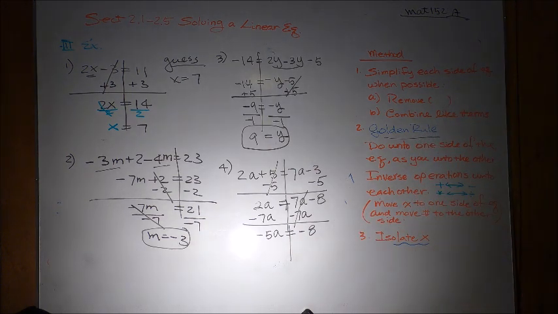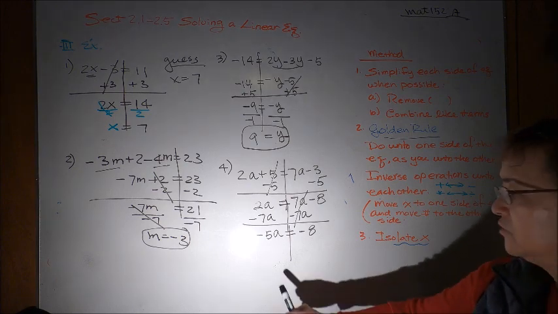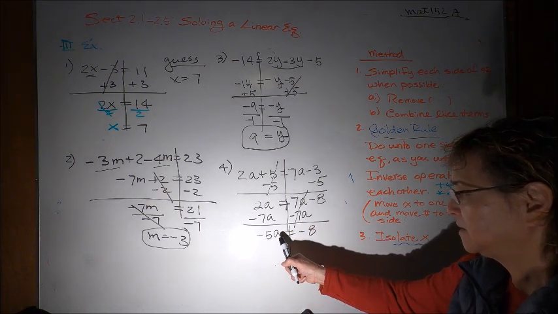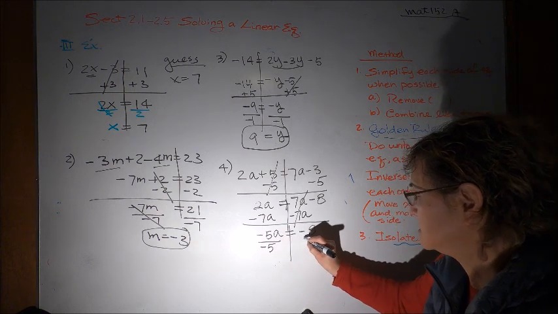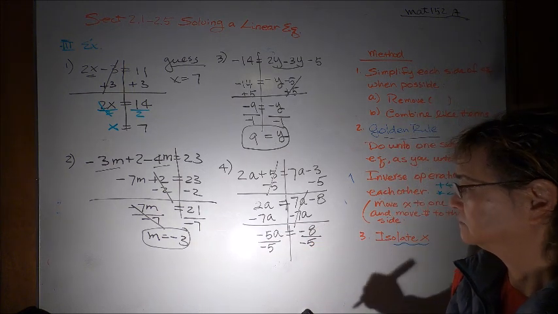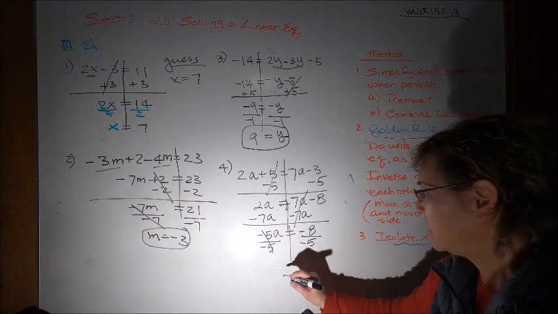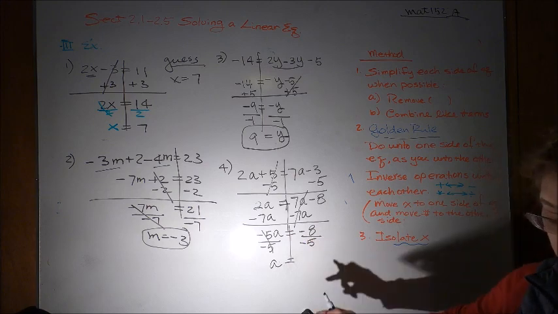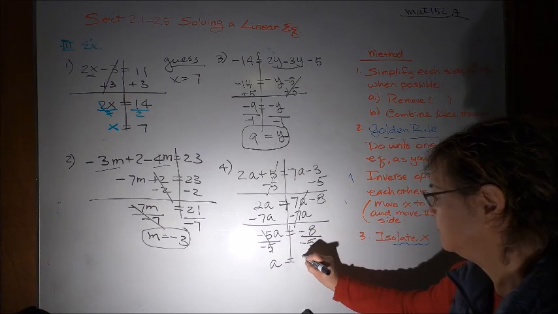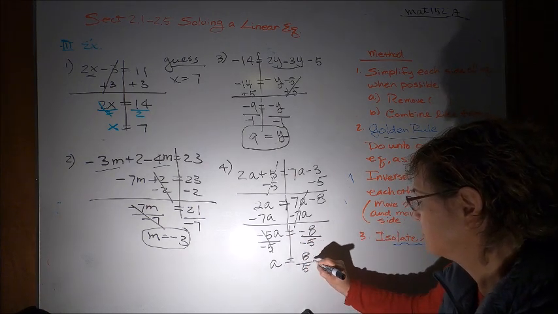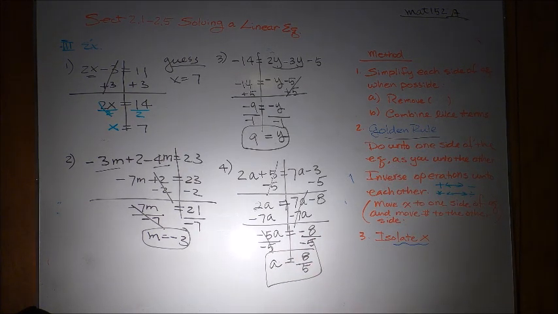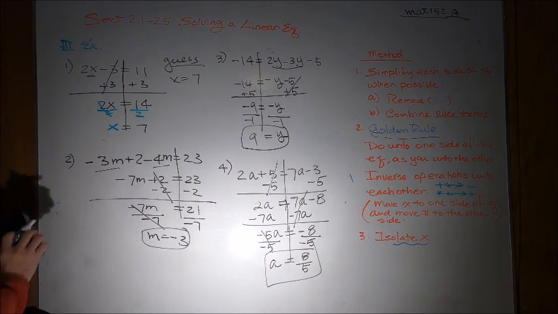Then, to get a by itself, you need to get rid of negative 5 because they are multiplying each other, so you do the opposite. So what we have now, a equals what? Negative divided by negative is positive. That would be your answer. Right?